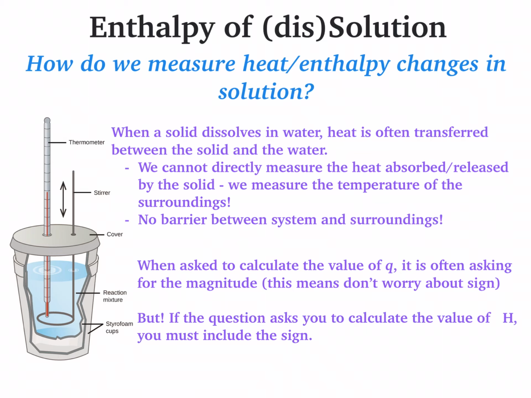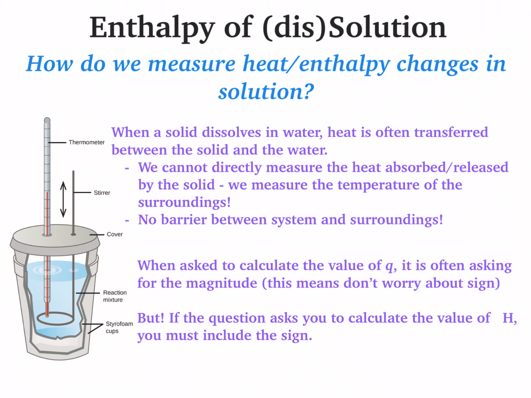There's no barrier, like there is between two objects being in contact with each other, where we could define one of the objects as the system and the other one as part of the surroundings. We can't do that here, okay? There is no barrier that is present. And so since we're not directly measuring the heat absorbed or released by the solid, we need to use the value of the solution, the water data, in order to calculate what the change is. And we'll look at that in just a moment.